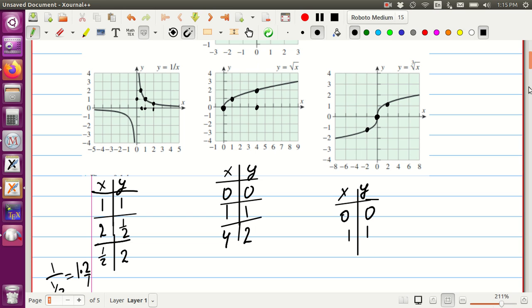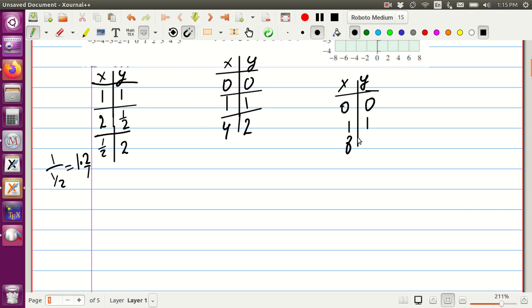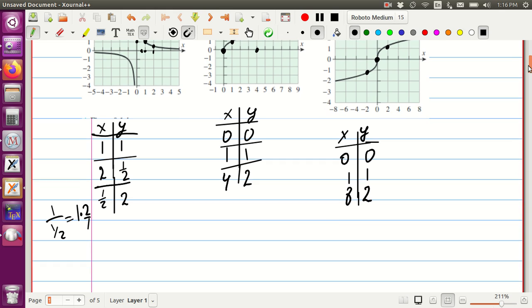Then it's not really easy to deal with, so you have to go all the way to 8, because cube root of 8 is 2, since 2 cubed is 8, right? So somewhere beyond this, somewhere over here at 2. Maybe I made a mistake here. Maybe this is 1, and this is 1. So it's scaled a little bit.